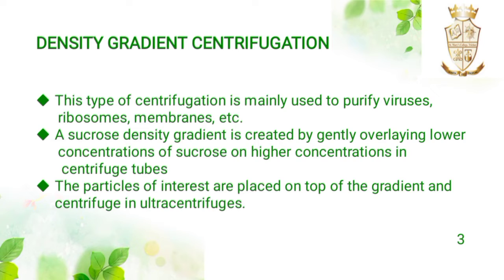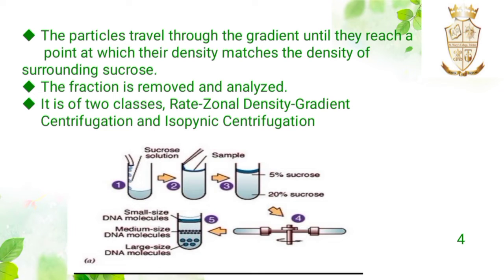The particles of interest are placed on top of the gradient and centrifuged in ultracentrifuges. The particles travel through the gradient until they reach a point at which their density matches the density of the surrounding sucrose. The fraction is removed and analyzed.